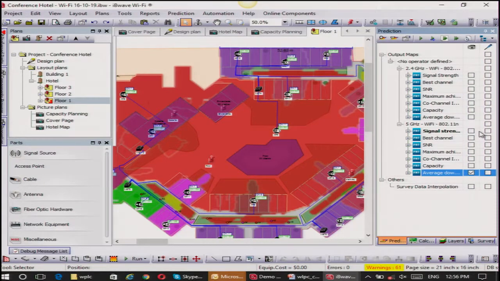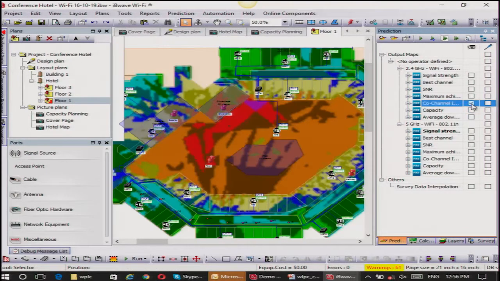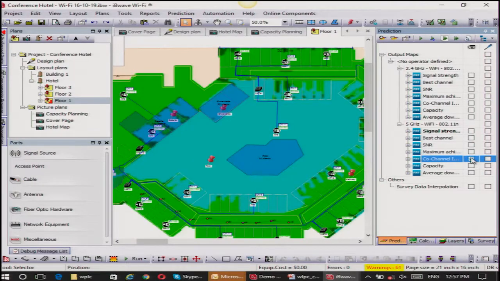This is at 5 gigahertz. And this is capacity. This is the co-channel interference, which is much worse at 2.4. So this is the one that I showed you in the presentation. This is 2.4, and this is in 5, which is actually much better. We only have 3 different CCIs.